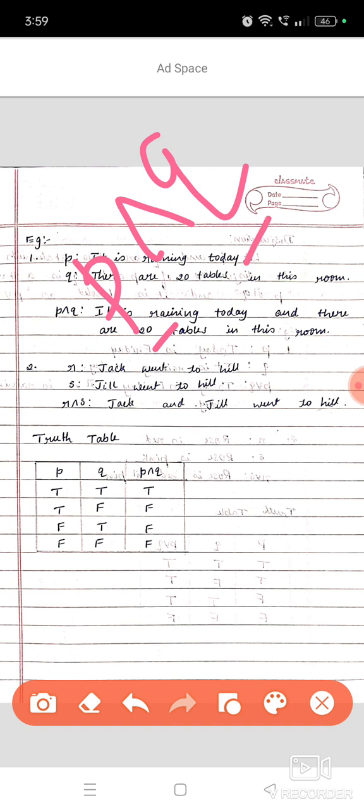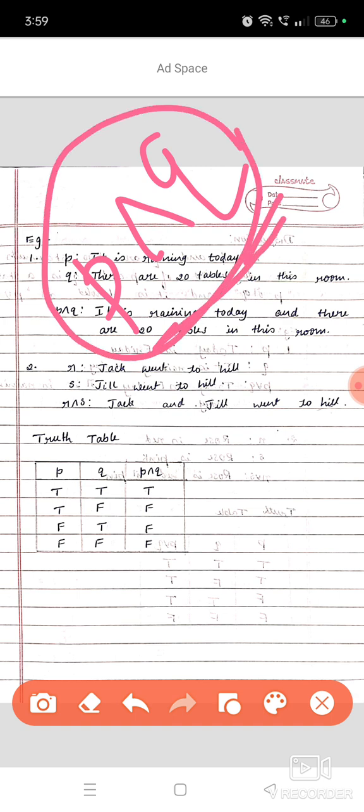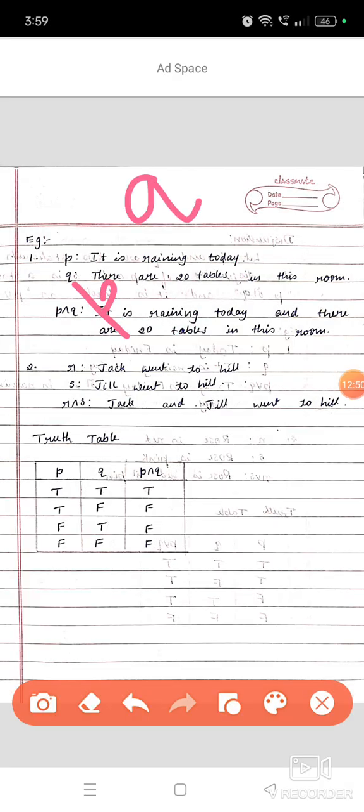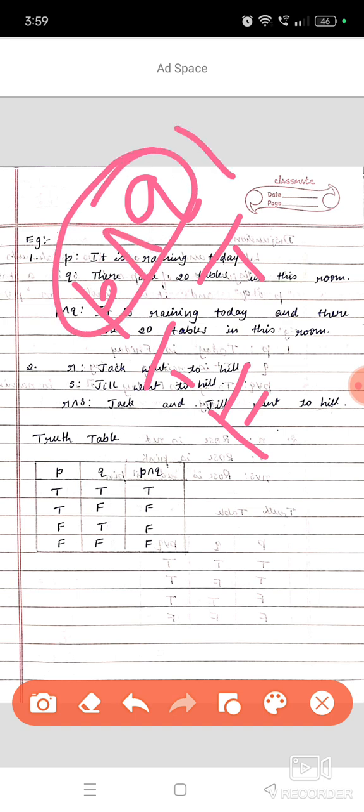The conjunction P and Q is true if both P and Q are true. If both are true, then P and Q is true. If any one statement is false, either P or Q, then the entire P and Q is false.